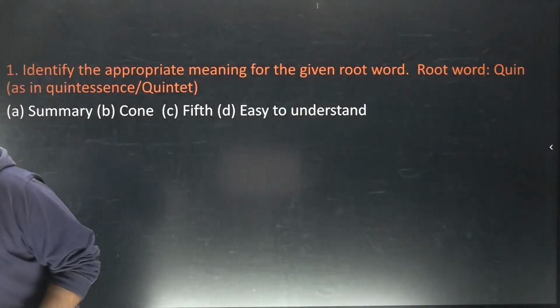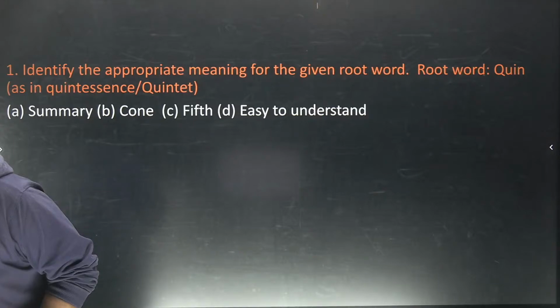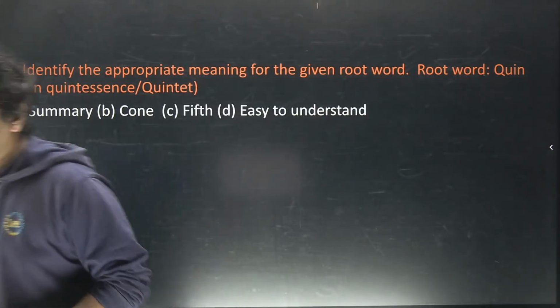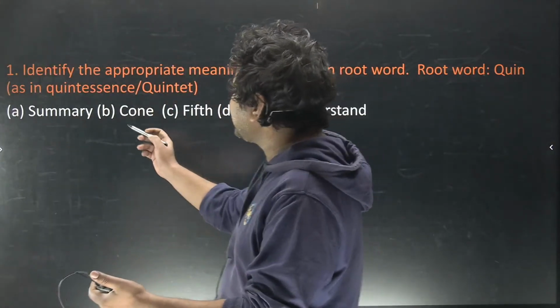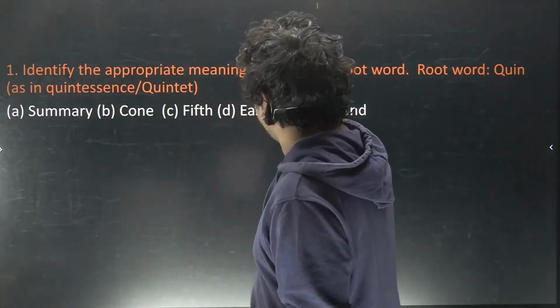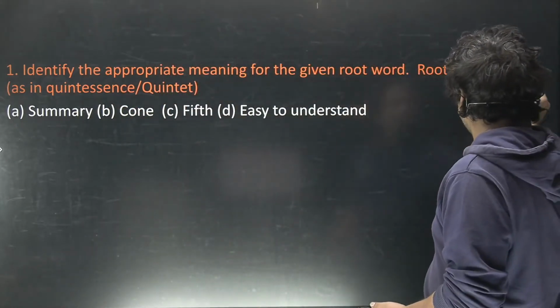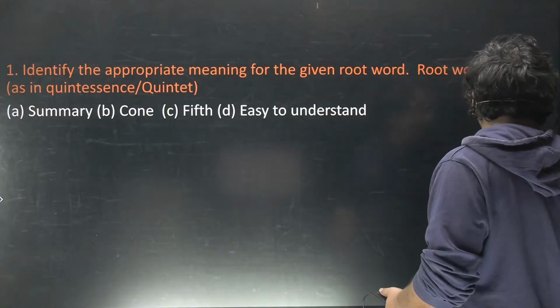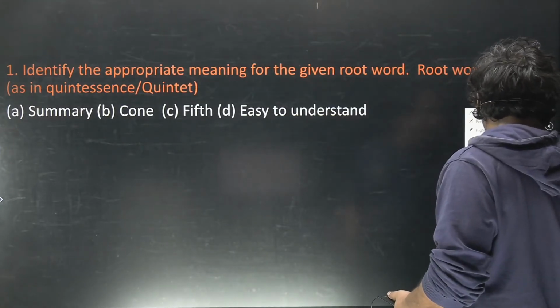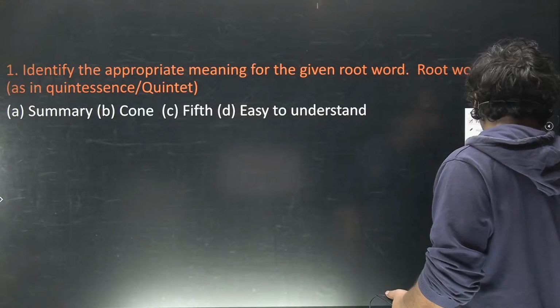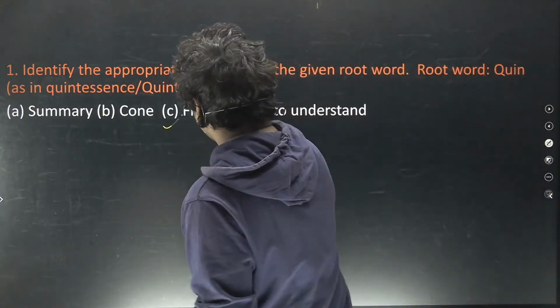Well, here some people might get confused because the examples that they have given, quintessence, is basically summary of something, but they're talking about only the root word that is quin. Quin means 5, so fifth.